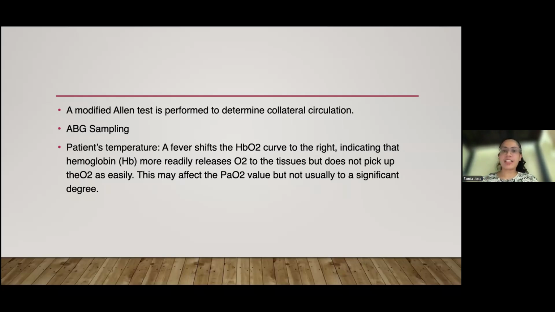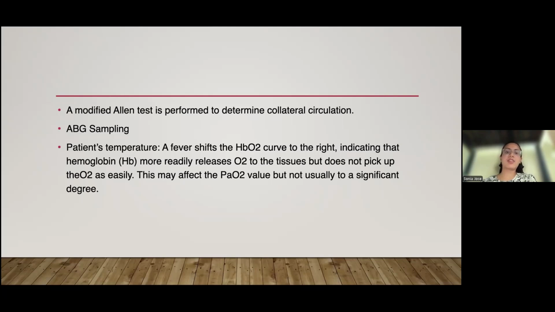So, modified Allen's test is the test which we perform to see if there is collateral circulation. We ask the patient to put his or her hands like this, close tight, and then we close the radial and ulnar arteries with pressure, and slowly release the pressure from the ulnar artery.